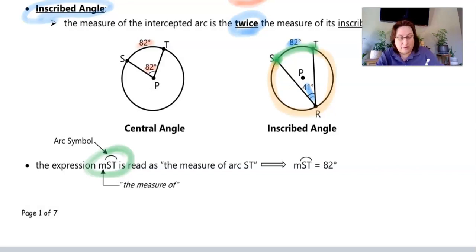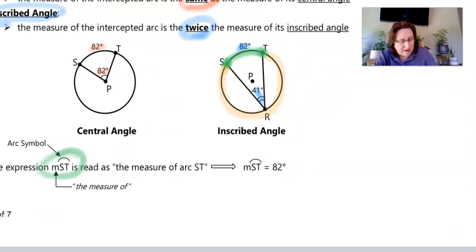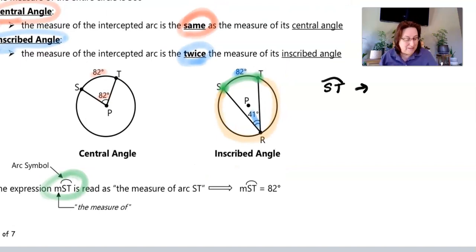Here's how you know, and you guys might want to write this down. When I say arc ST, that is an arc named with 2 letters. That means that it has to be less than 180 degrees.